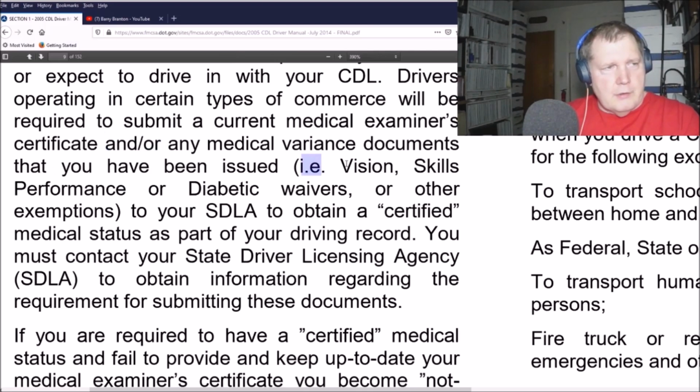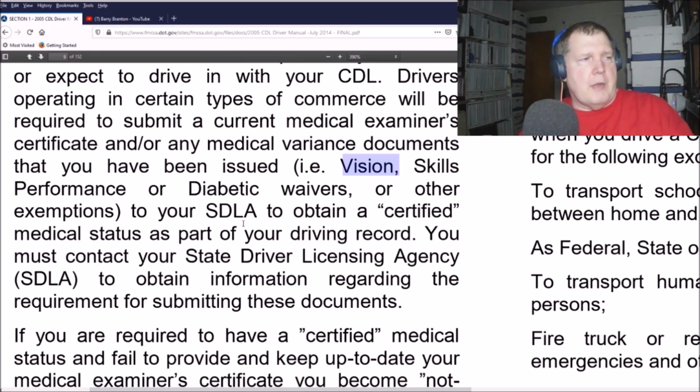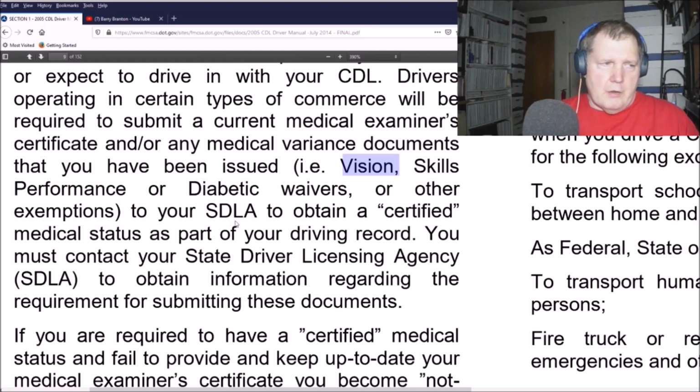That is, vision, skills, performance, or diabetic waivers, or other exemptions to your SDLA to obtain a certified medical status as part of your driving record. You must contact your state driver licensing agency, SDLA, to obtain information regarding the requirements for submitting these documents.